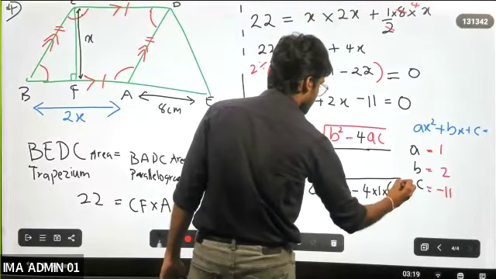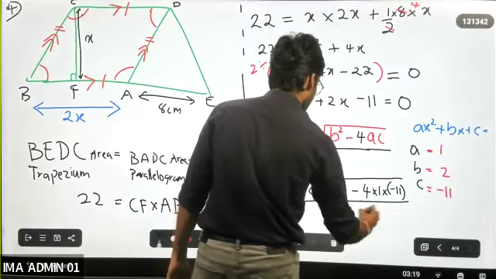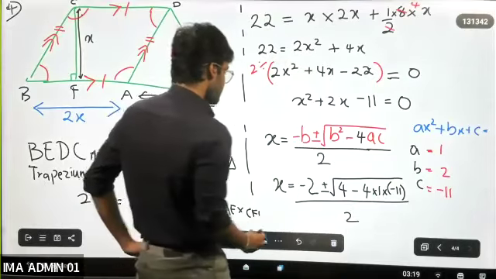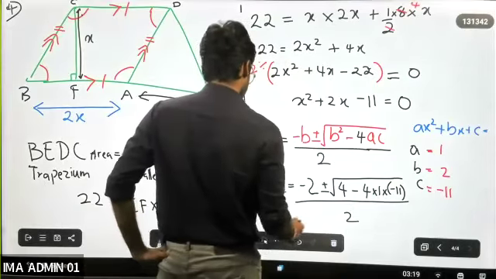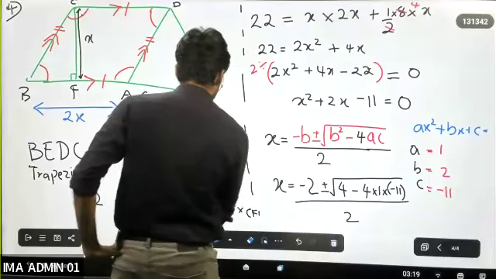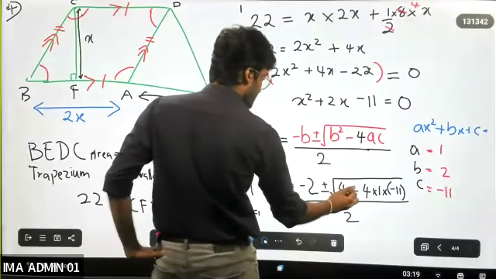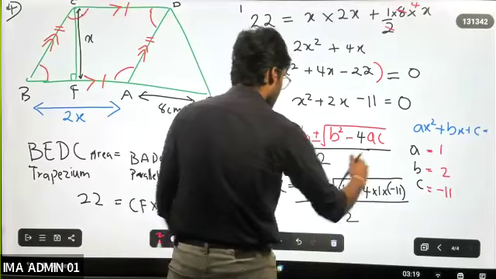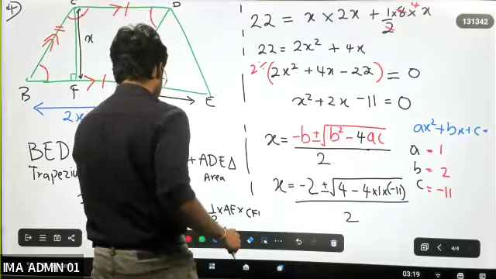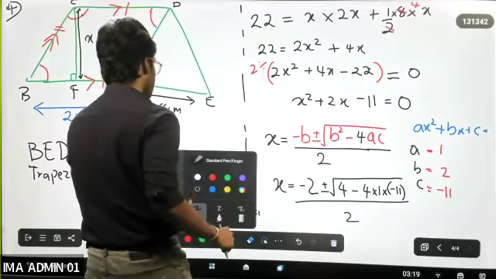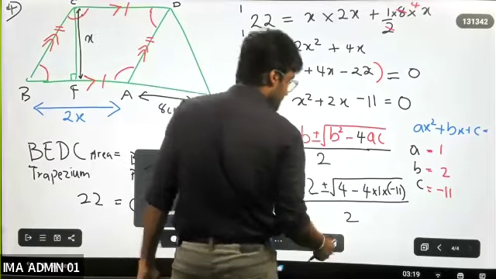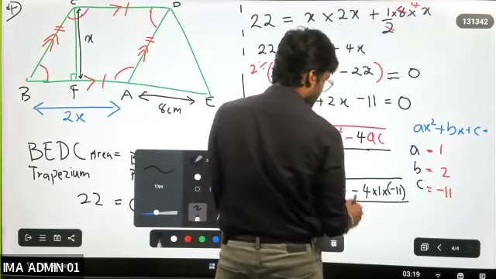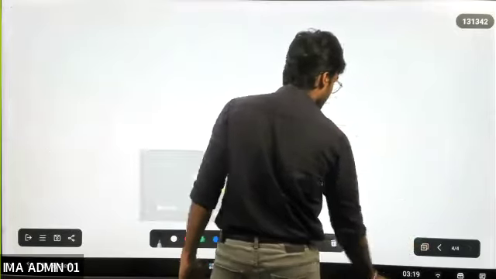I put that -11 in brackets. Divide by 2. Right? So the thing I could do is get 4 out of the term which is inside this root. I will go to the next page.